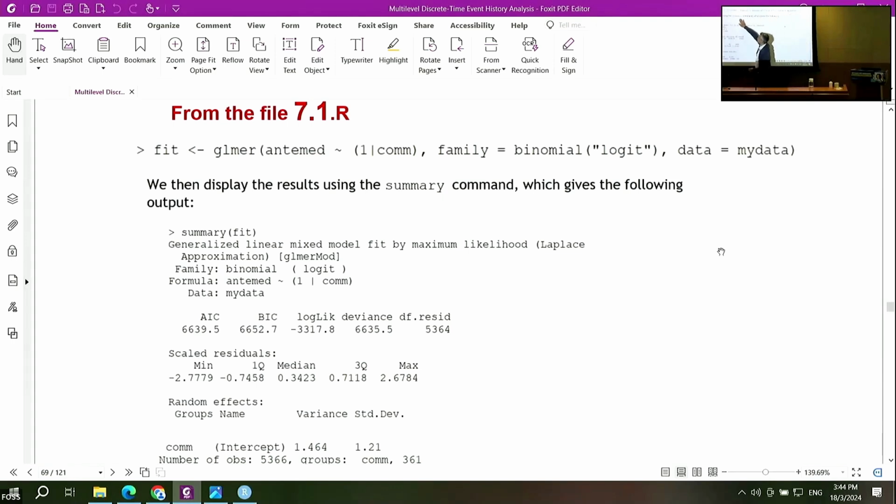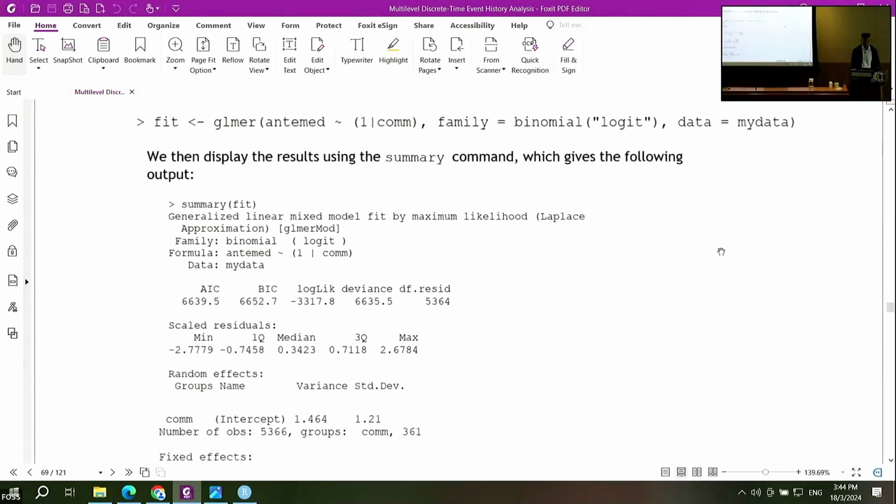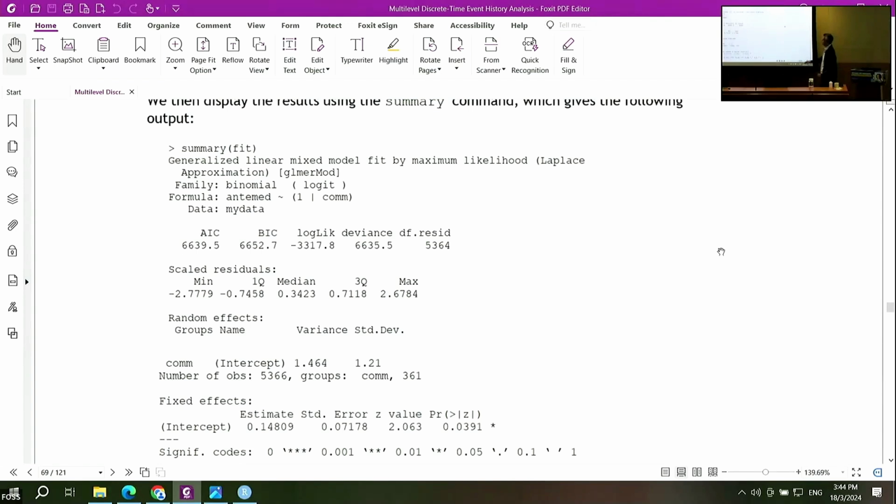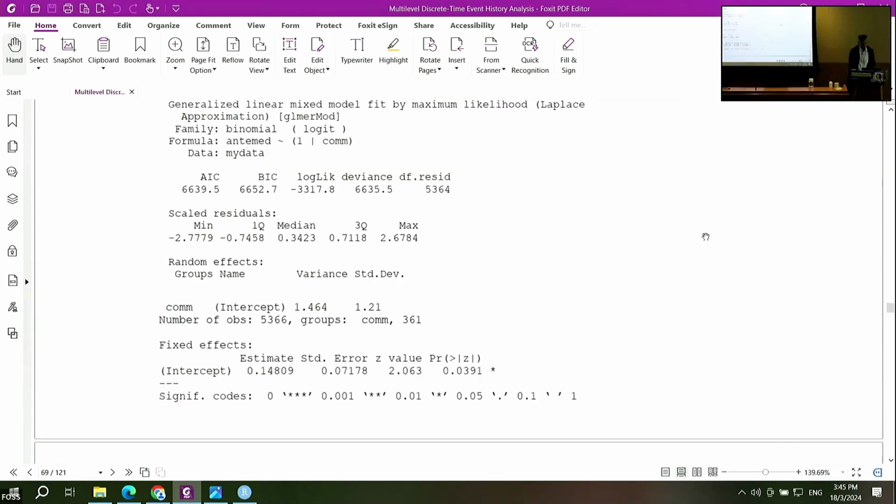And this is a model with no explanatory terms in there. You can see it just has a constant, and we want to estimate a variance at the community level. So it's not a very interesting model, but it gives us these fits. It gives us an intercept over here, as well as the random effects.